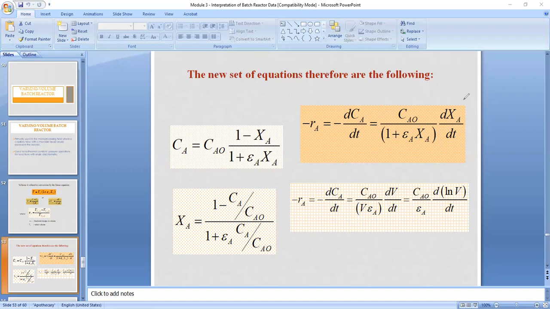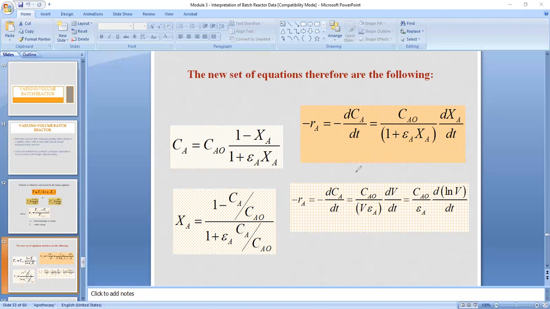This one you use when the problem gives you conversion. So this will be the left side. But if the problem gives you changes in the volume, you'll have this one, which is also equal to this one: the d ln V over dt, ln V in the sense that you have dV over V, and you have dt, and you have C_A0 epsilon_A set aside.